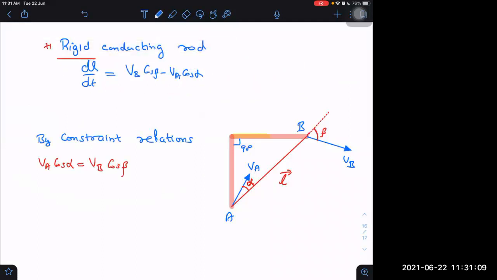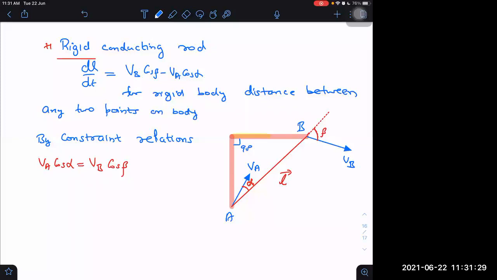I can say for rigid bodies, lengths don't change. Distance between any 2 points on the body remains constant.